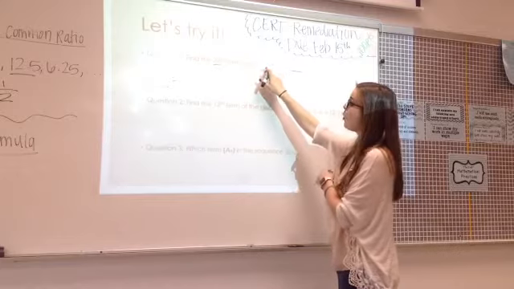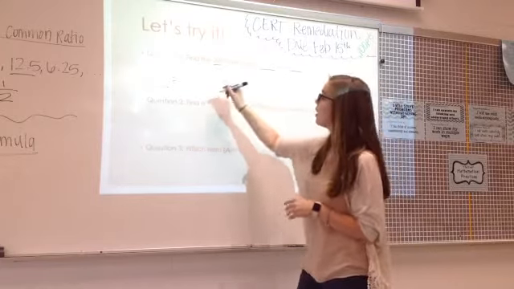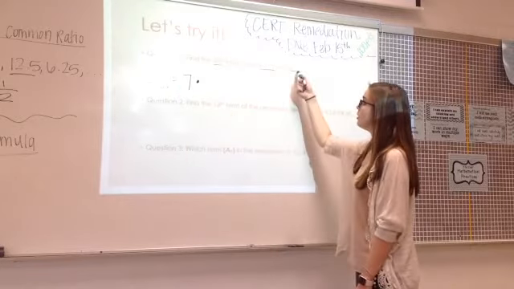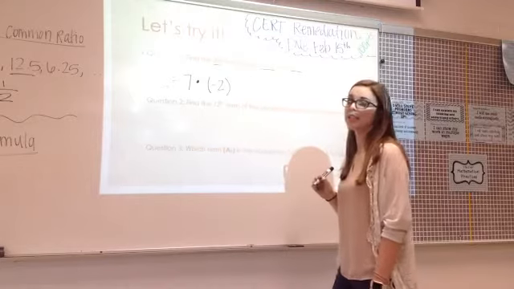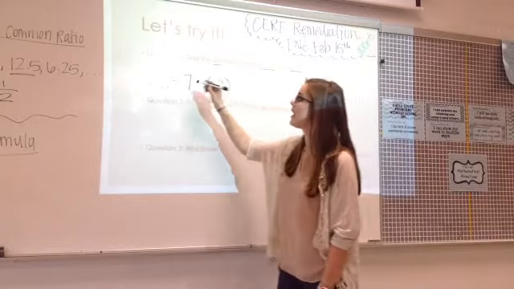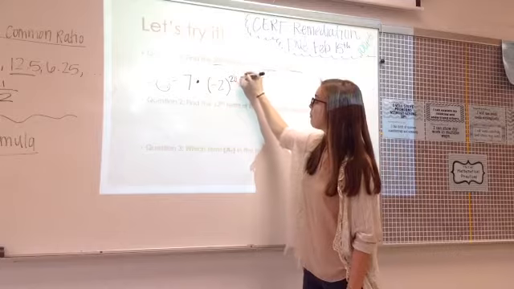When a sub 1 is 7, our explicit formula tells us to do a sub 1 times r, very important to put that in parentheses, to the n minus 1 power. And we already said n is 20. So 20 minus 1.